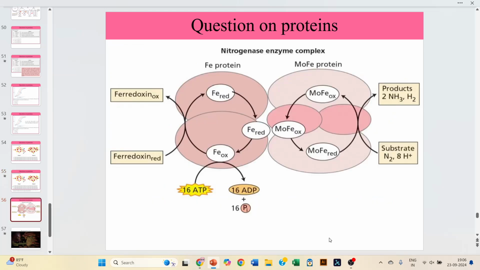Okay. Now this is all about the nitrogenase enzyme complex. This is the Fe protein and this is FeMo protein. And you can see that pyridoxine is undergoing a change from the reduced state, it is getting converted into the oxidized state.